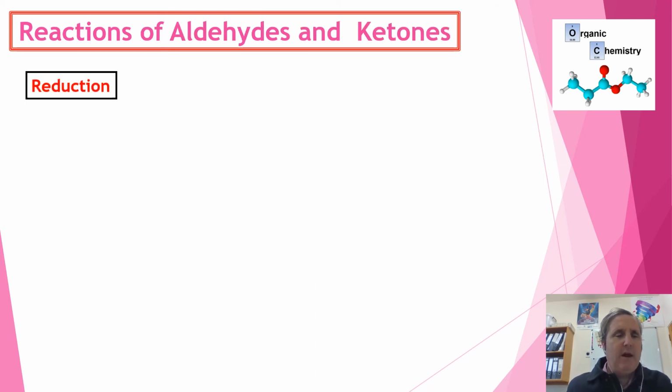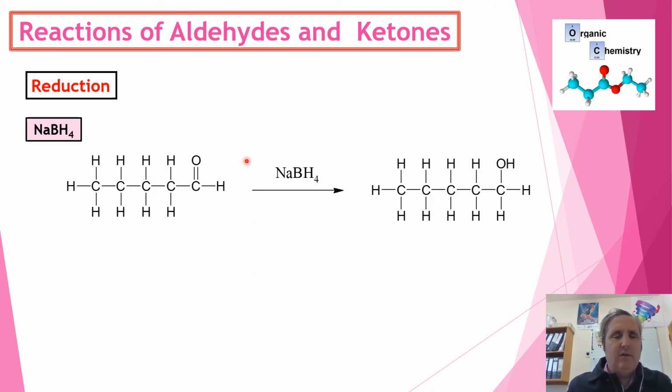So, reactions of ketones and aldehydes, the last type of reaction they undergo is called a reduction reaction. We add sodium borohydride, and what it does is it turns our double bond oxygen back to an OH group, or hydroxyl group. It reduces it.